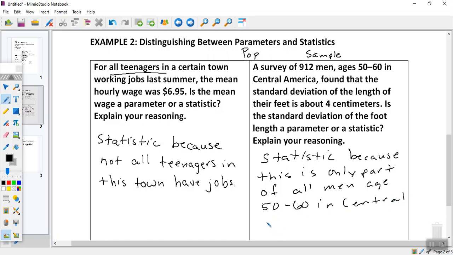Now, I'm going to go back to the last one. The first one kind of intrigues me now that you think about it that way. It says for all teenagers in a certain town working jobs last summer. So they're just kind of talking about the group of people that are doing what right there?